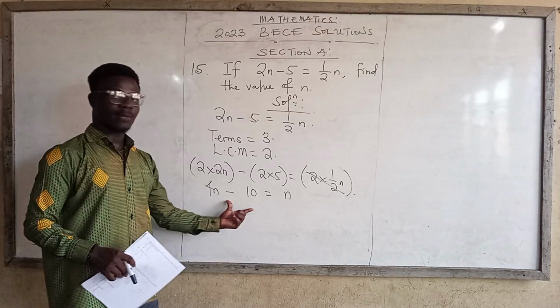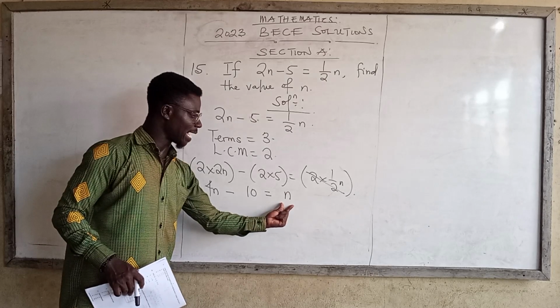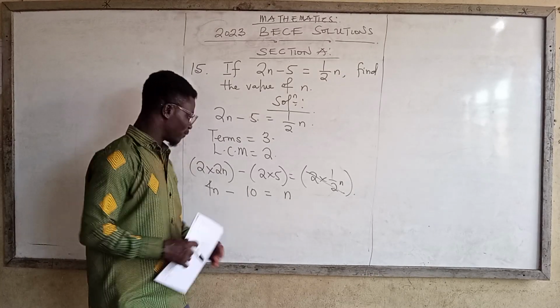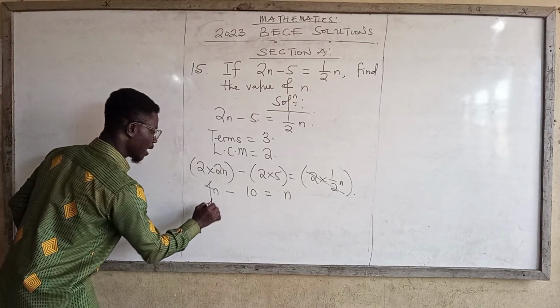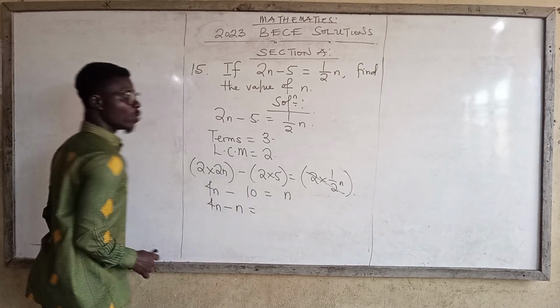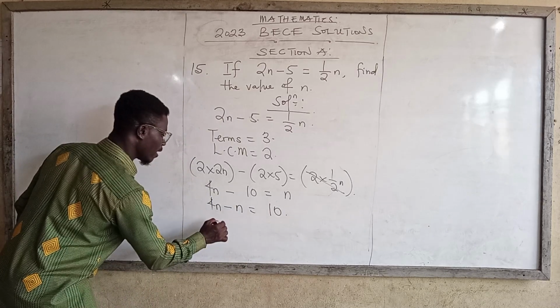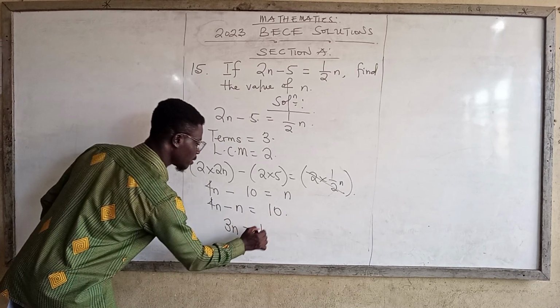So now, 4n minus 10, we can never subtract. So we have to send this, it is positive, to the left-hand side. So we have 4n minus n equals, this one is negative, we send it to our right-hand side. So we get positive 10, right? So I have 3n equals 10.